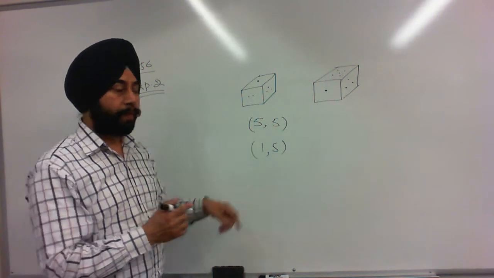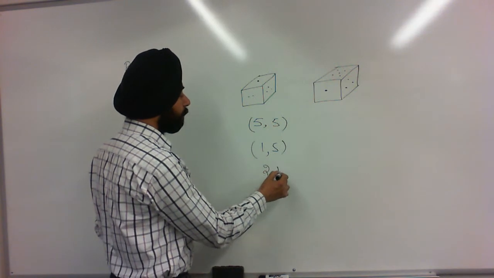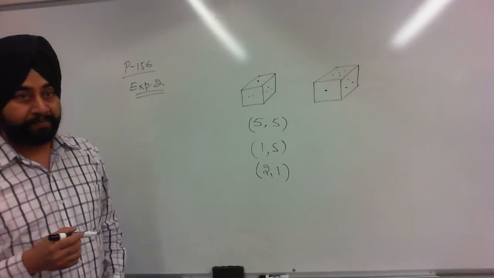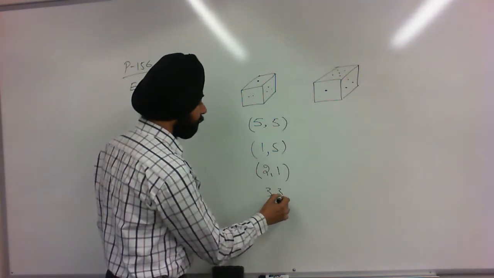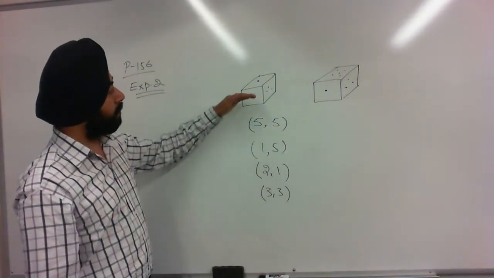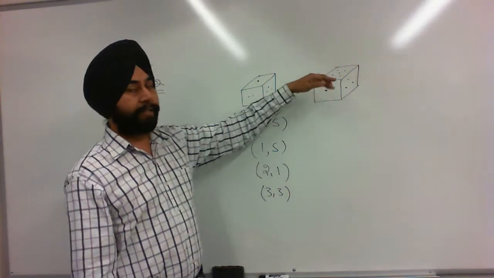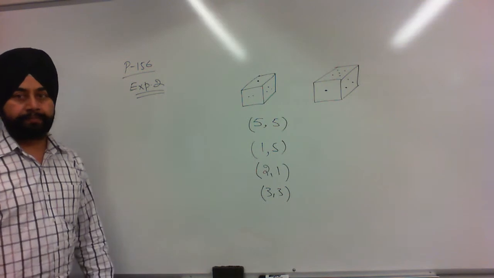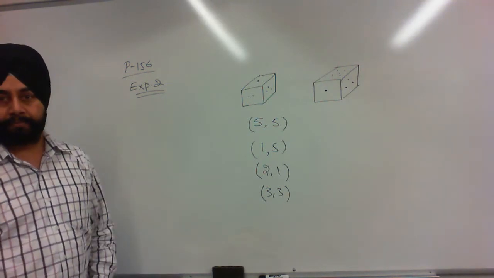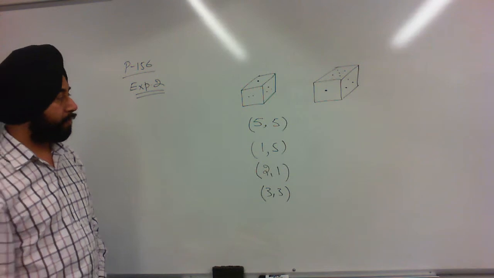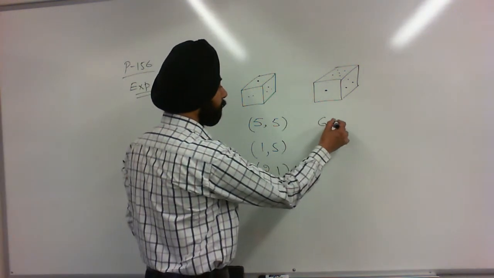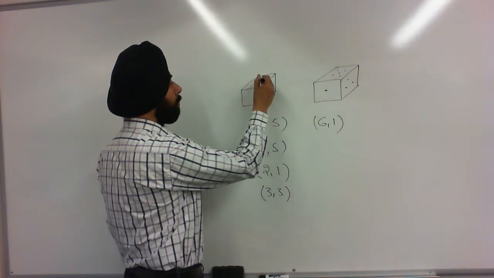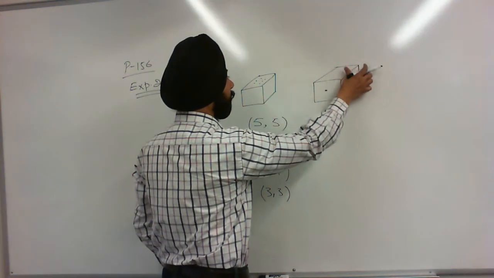2 comma 1. Okay, so 2, 1. What else? 3, 3. 3, 3 means this die has 3 at the top, that die also has 3 at the top. That's called 3, 3. What else? 6, 1. 6, 1, okay. So this one will have 6 at the top, like this, and this one has 1 at the top.